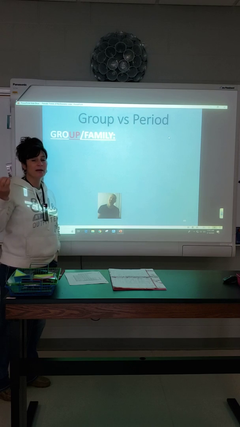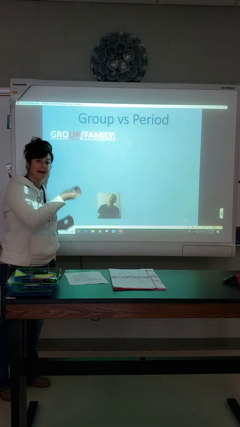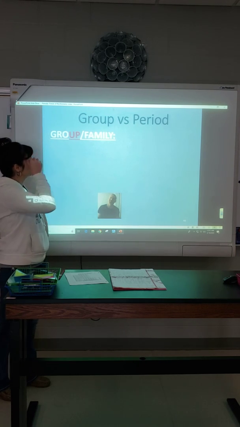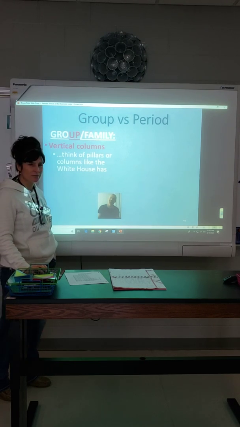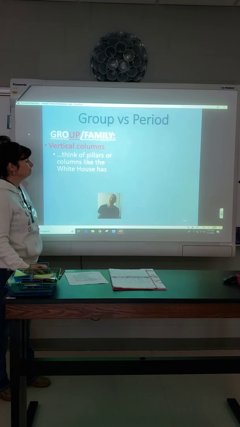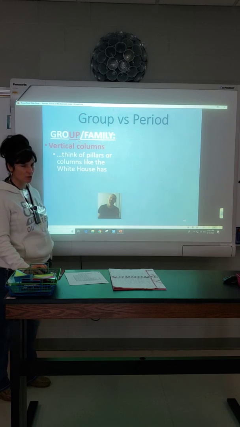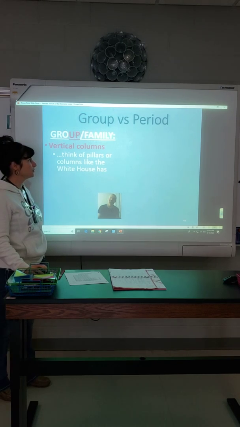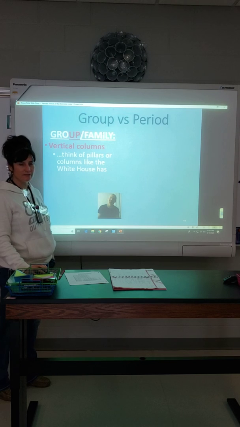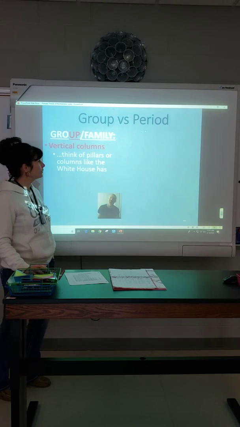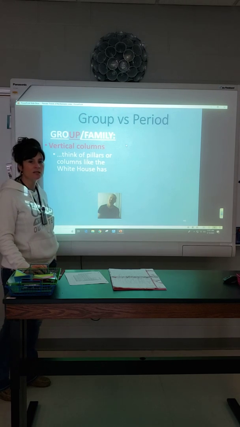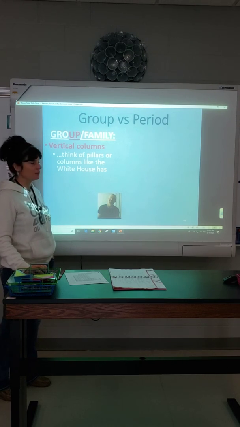Just like we compared the atomic number to the mass number, here we're going to compare groups with periods. Every once in a while you'll hear somebody call them families. Most of our language uses the word group. I just want to put that in there in case you're wondering what a family is. It's the same as a group. Again, we have multiple names for the exact same things in science.